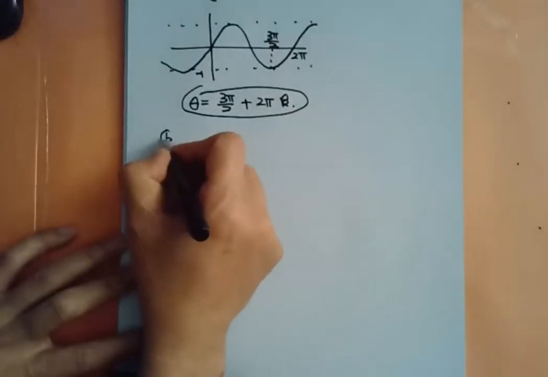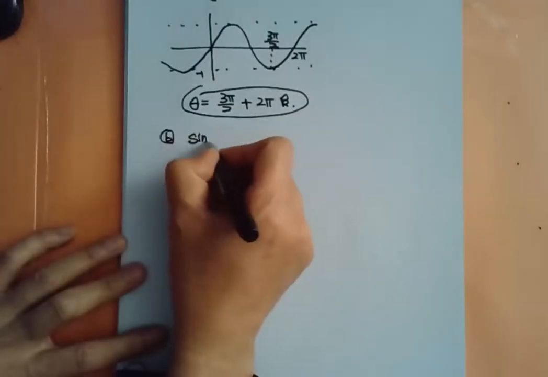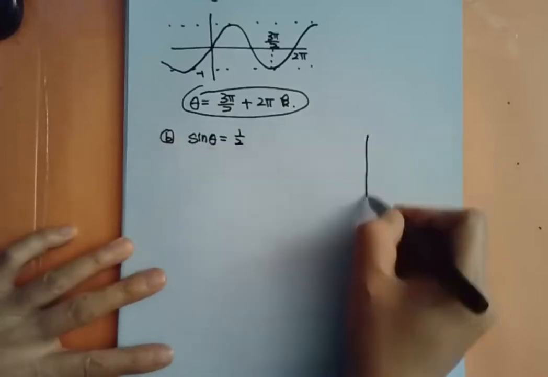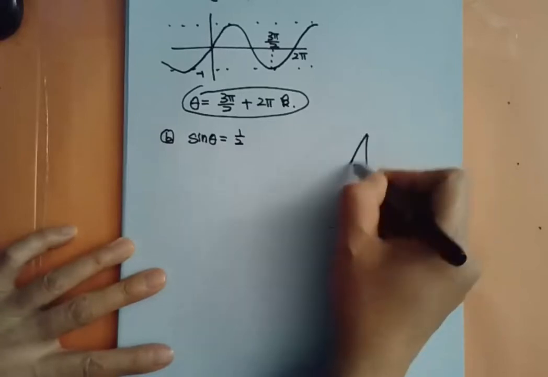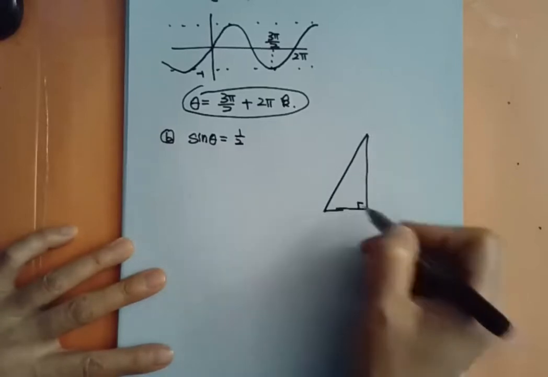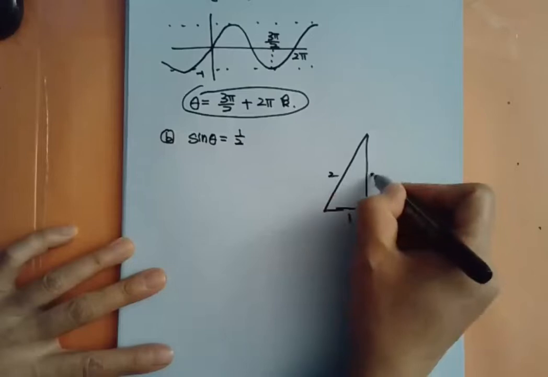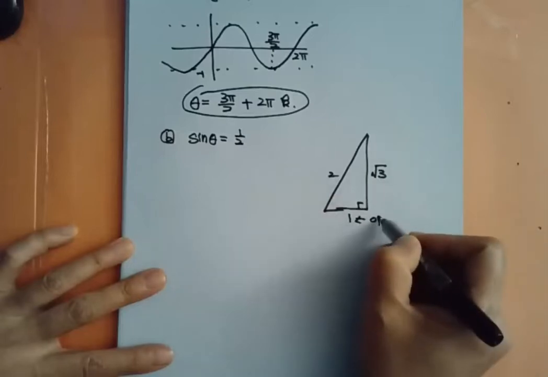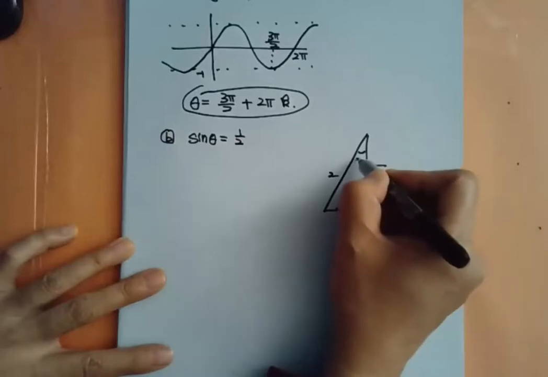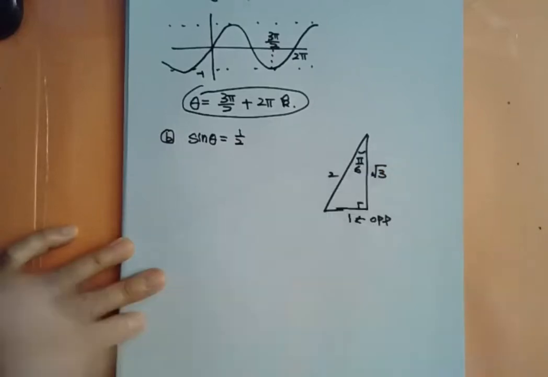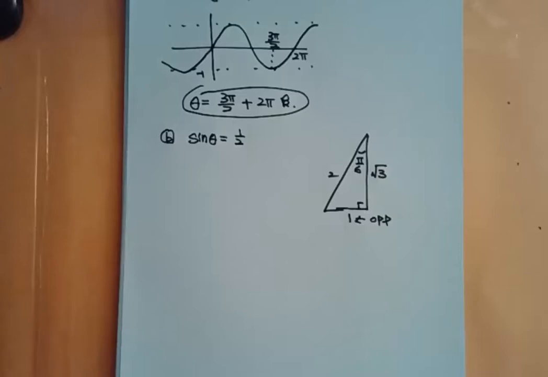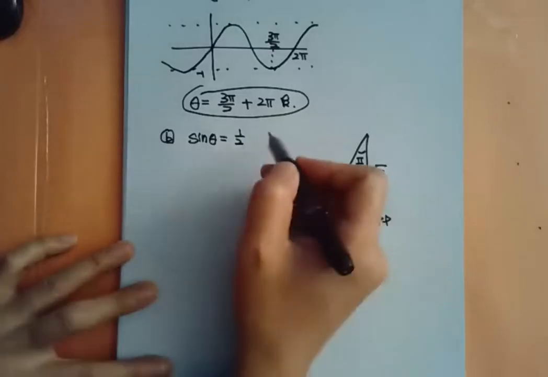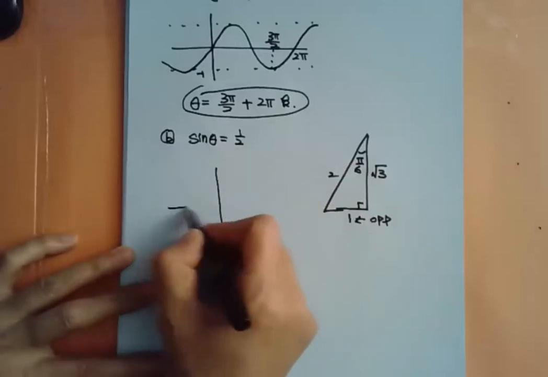And the other one is sine theta equals 1 over 2. So we think about the 30, 60, 90-degree triangle: 1, 2, square root of 3. So 1 must be opposite. So the angle involved is 30 degrees, pi over 6, right? We have to locate the angle in the quadrant.